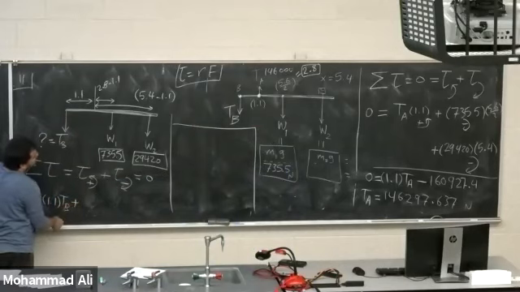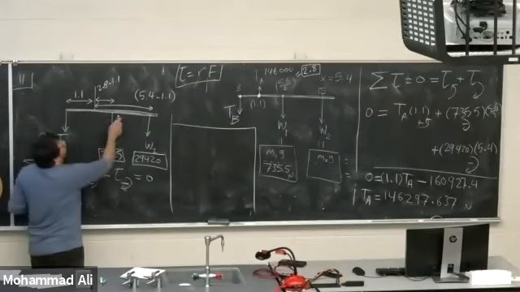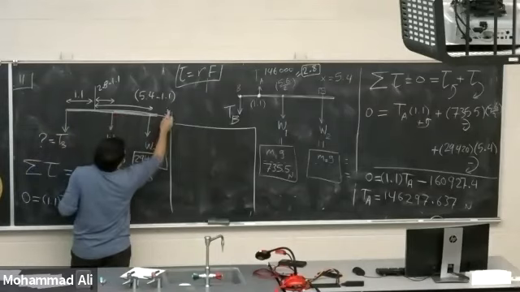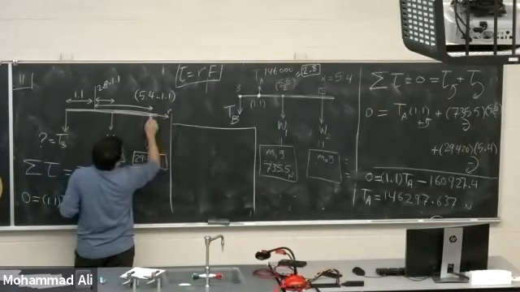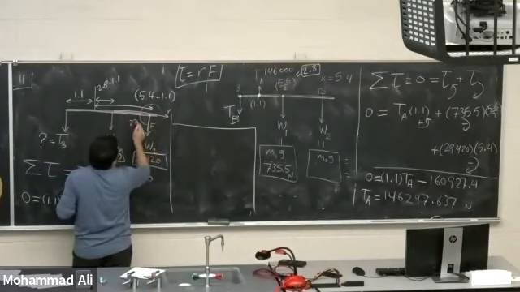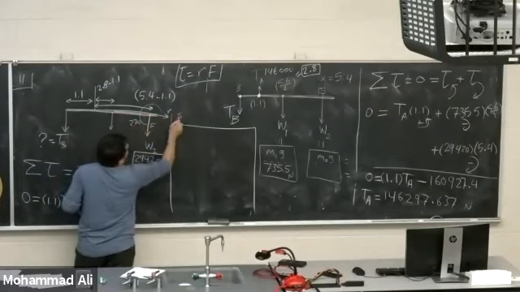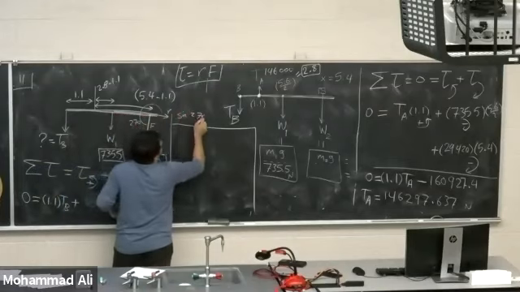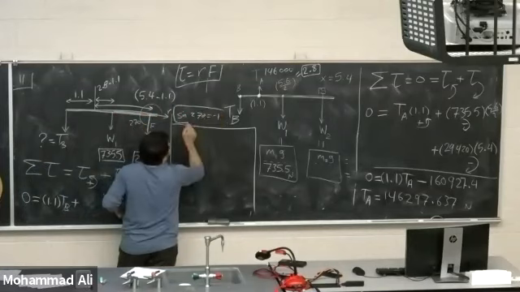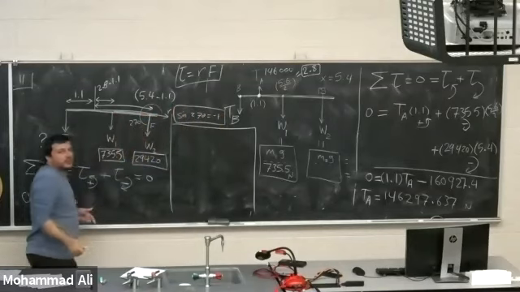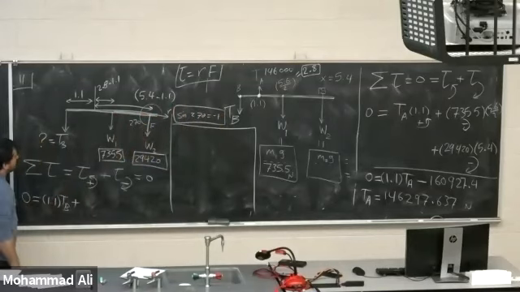Why are they minus? Because this is R, and this is F. The angle between them is 270. Sine 270 is -1. This is the negative sign. Okay?